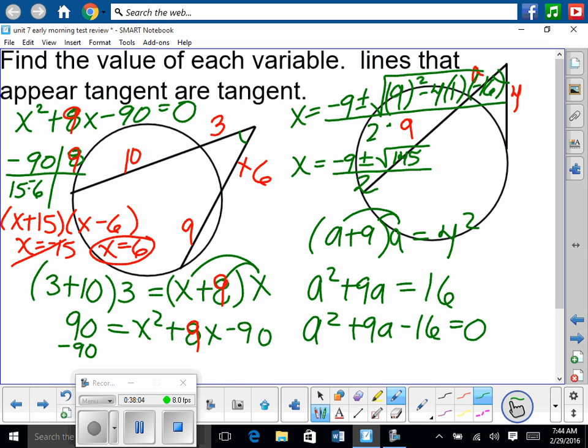You hit enter, then you divide it by 2 because it's all divided by 2. So we get 1.5. And then -9 minus the square root of 145, hit enter, divide by 2. That's -10.5. We throw that answer out, we keep this. Everybody good with that? Okay.